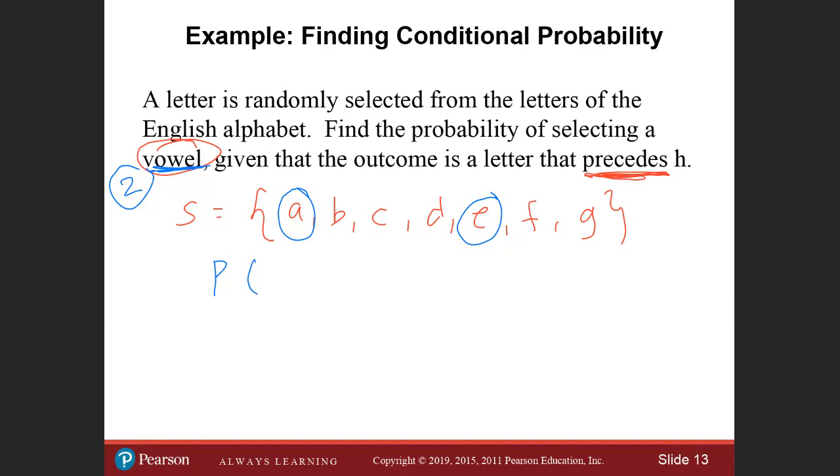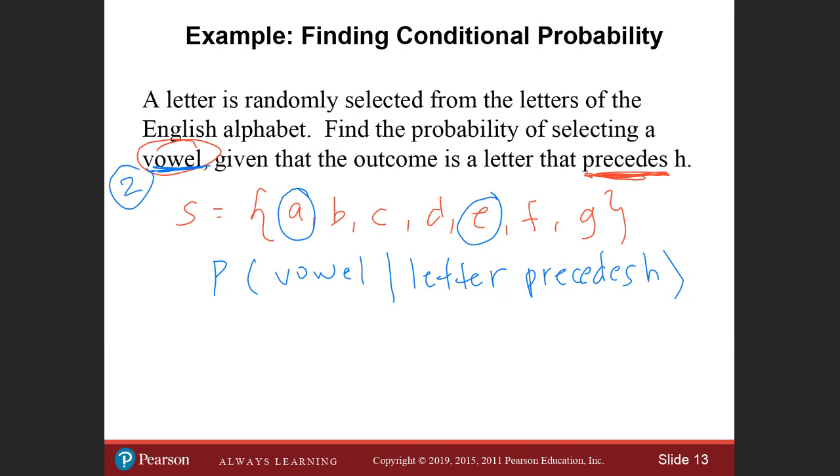So it says P, probability when you have a vowel, given letter precedes H.